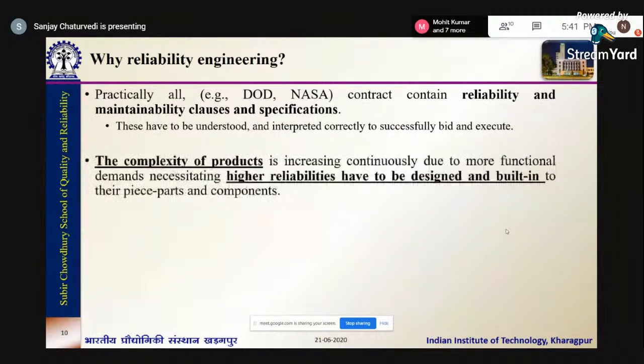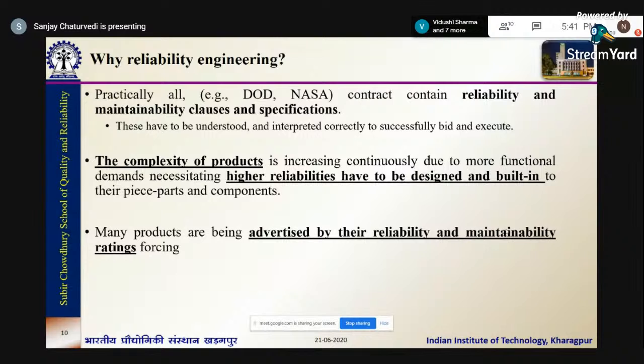Further, the complexity of the products. You know that today our quest for excellence is creating very complex systems which have multiple functionality. So high reliability has to be designed and built into those piece parts of the components.